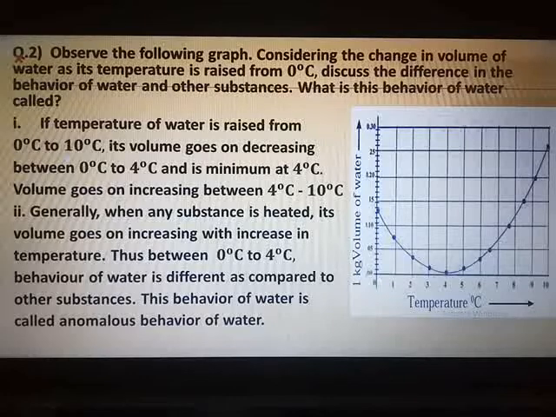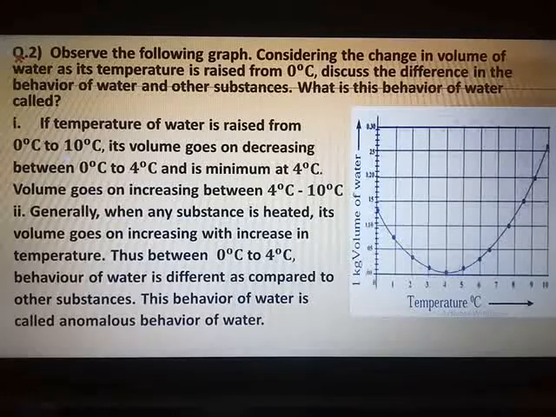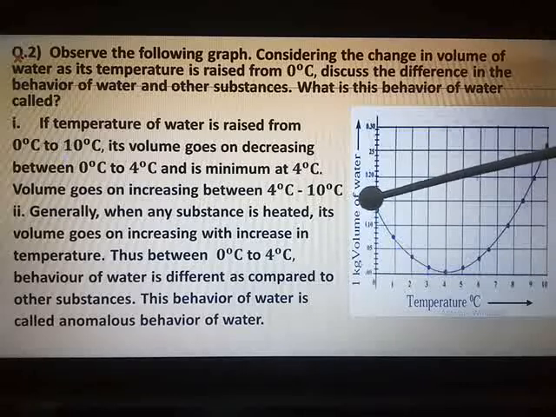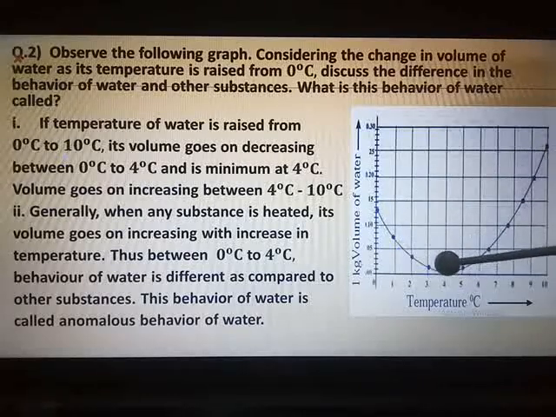Very simple. You can see in the first point that when the temperature of water is raised from 0 to 10 degrees, volume goes on decreasing between 0 and 4 degrees. At 4 degrees it is minimum, and from 4 degrees to 10 degrees volume goes on increasing.